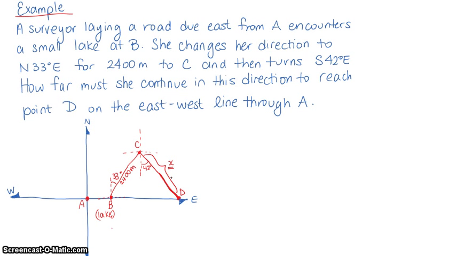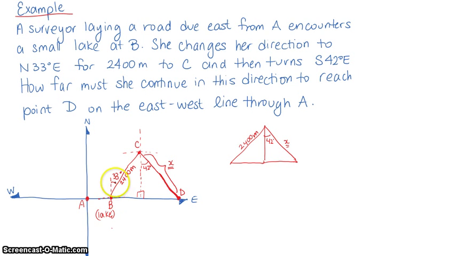So if we formalize this a little bit better, this is the diagram we're working with. But we can see that we've got 2 right angle triangles that are joined. We want to find this side here. We know this is 42 degrees. We know this is 2,400 meters. And we know this angle here is 33 degrees.